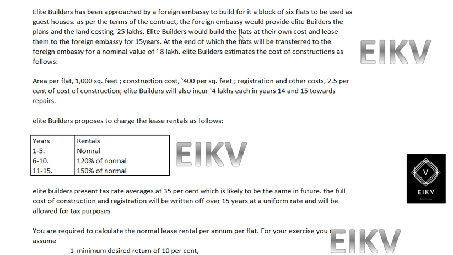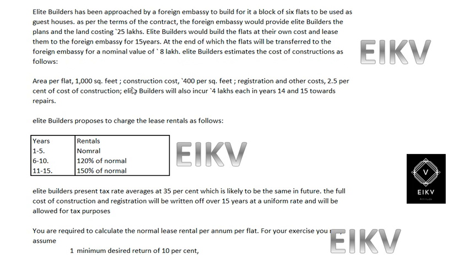Allied Builders would build the flats at their own cost and lease them to the foreign embassy for 15 years, at the end of which the flats will be transferred to the foreign embassy for a nominal value of 8 lakhs. Allied Builders estimates the cost of construction as follows.